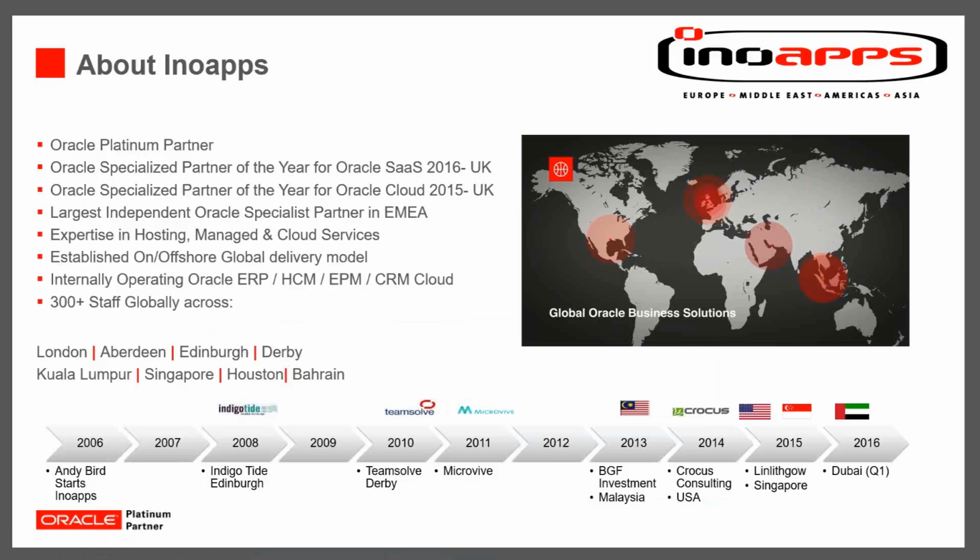As I mentioned before, our US headquarters is here in Houston, Texas, and we have offices across North America, Asia, and Europe. Another important thing to point out is that we are an early adopter of the Oracle applications. As a company, we run our business on Oracle's ERP, HCM, EPM, and CRM cloud applications.